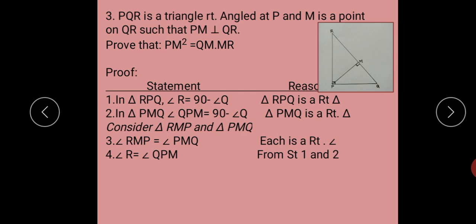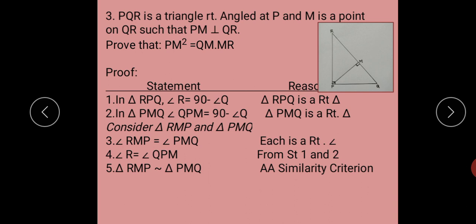And angle R is equal to angle QPM. You can see this in statement 1 and statement 2. We have proved angle R is equal to angle QPM because both angles are equal to 90 minus angle Q. So the two triangles which we have considered are similar by AA similarity criterion.